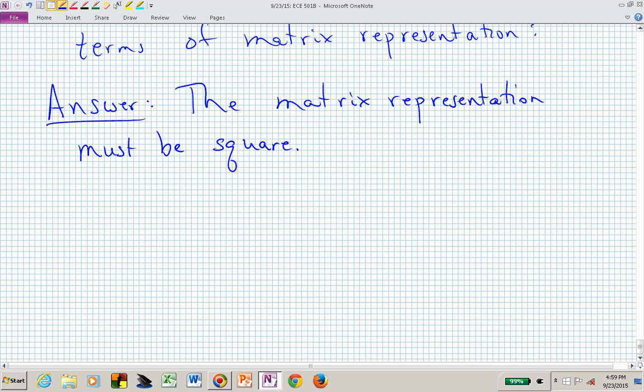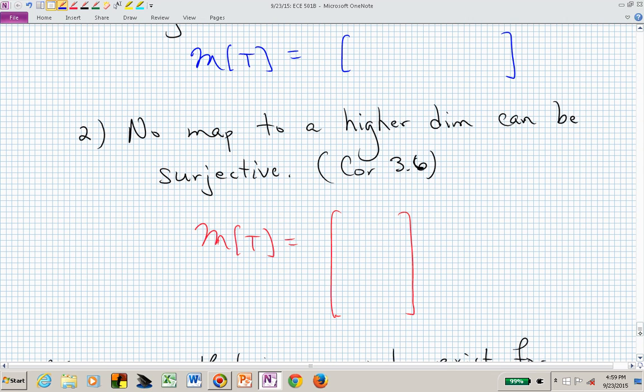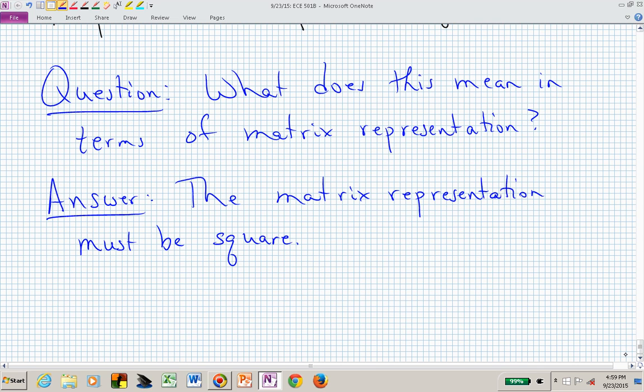So a pseudo-inverse is trying to do the best job it can in inverting the information that it's given. But you can see the difficulties that you could run into with not having consistency between your input space and output space on these linear maps. And a pseudo-inverse is when you don't have an inverse.